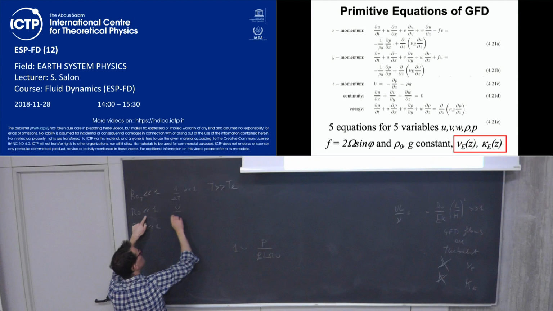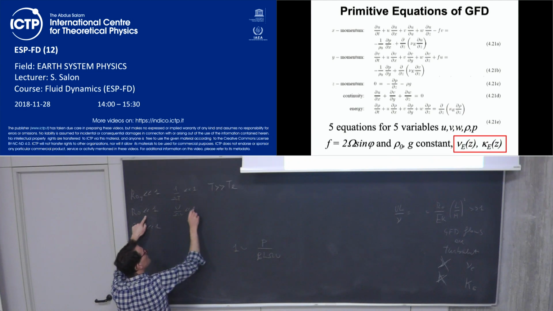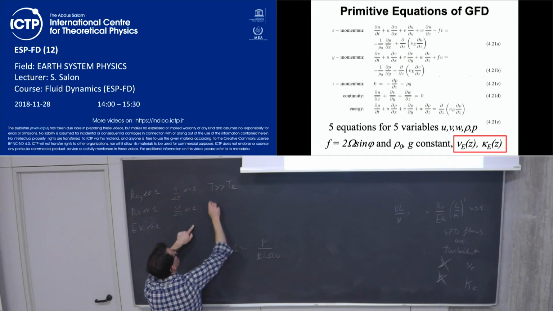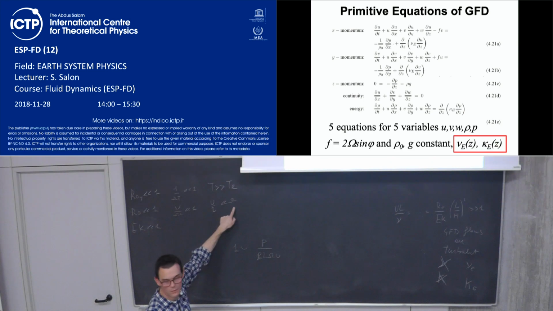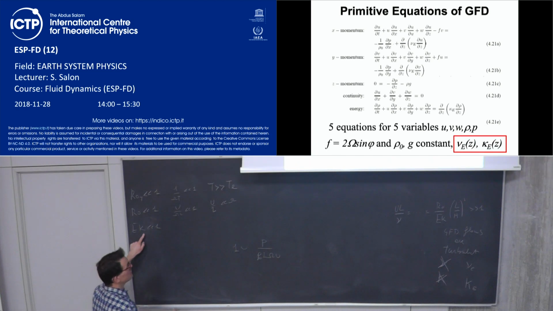This one says that the frequency of oscillation, the frequency of the flow I'm studying, is much smaller than the frequency of the rotation of the Earth.